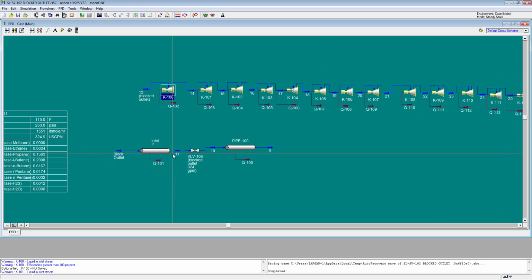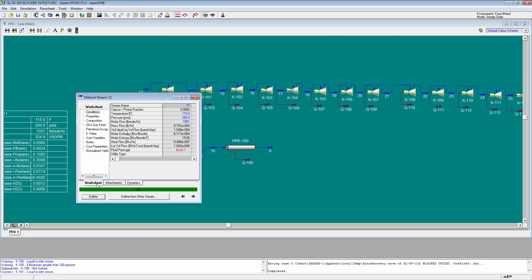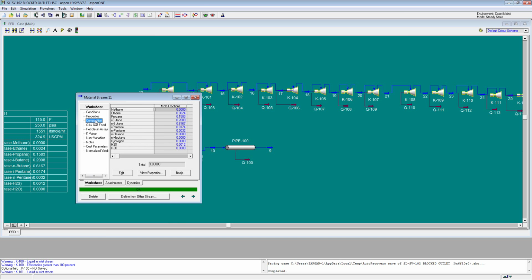First, let me define the inlet and outlet stream to the PSV. Inlet stream is number 11 and is defined by entering the relieving temperature, the relieving pressure, and relieving capacity, which can be in terms of mole flow or volumetric flow, and also composition are known.